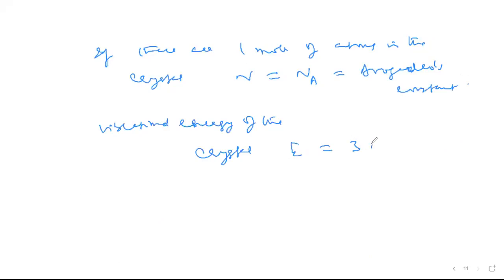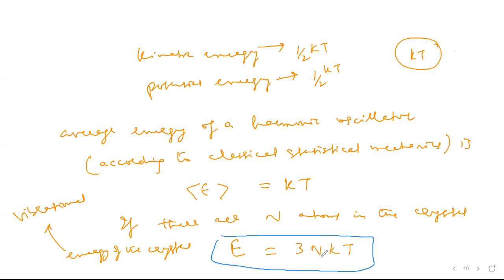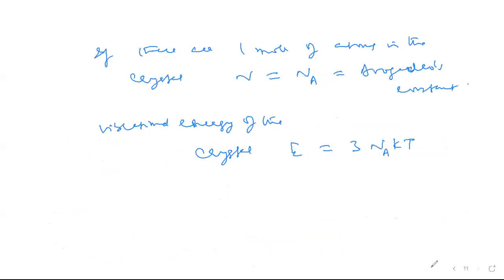It is 3NakT. And you know Nak is R. You multiply Avogadro's constant by Boltzmann constant, you get R, that is universal gas constant.